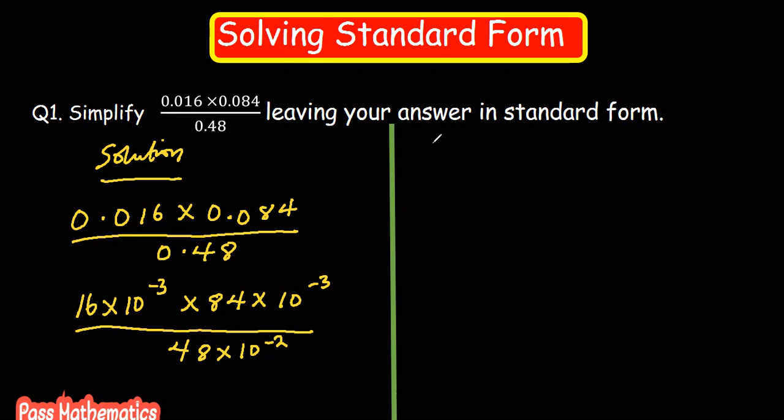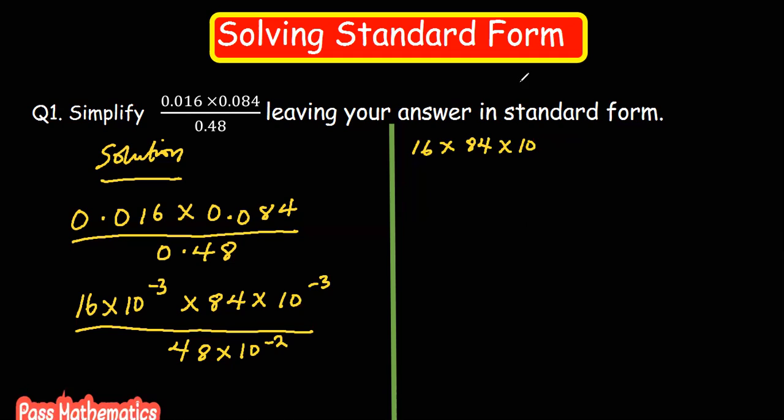So what next? Then we just simplify directly. So we should have 16 times 84 times 10, we just pick 10 and we add the indices, that is the power according to the law of indices. So basically we have minus 3, now this 3 is not clear, so let me make it clearer.